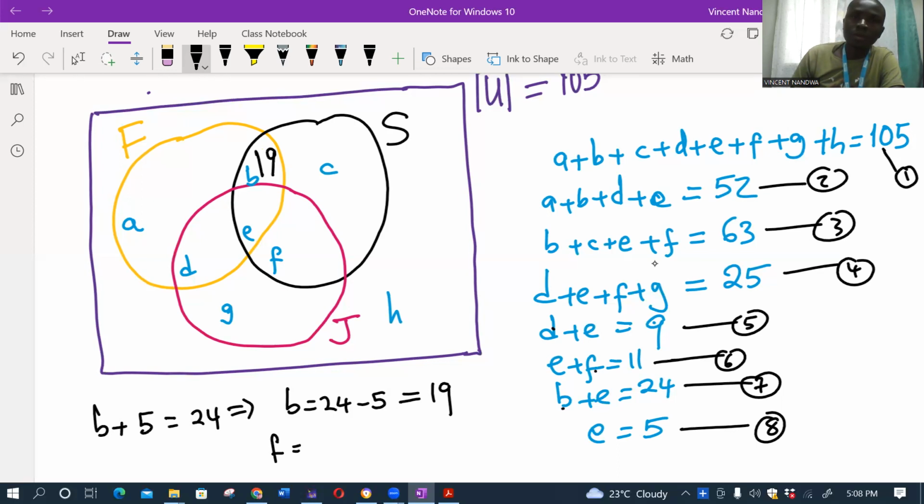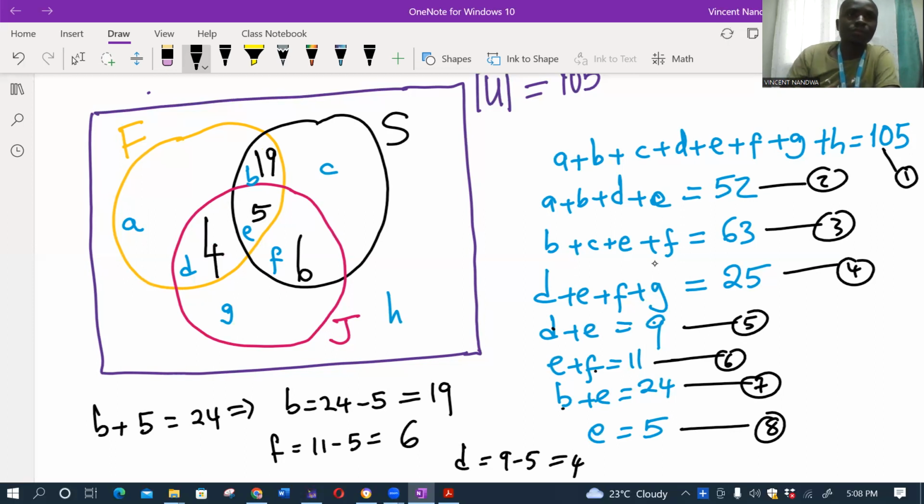So F will be 11 minus 5, which will be 6. So we fill here 6. And then equation 5, D plus E is 9, but E is already 5. So D will be 9 minus 5, which is 4. So therefore, D is 4. So here is already 5.